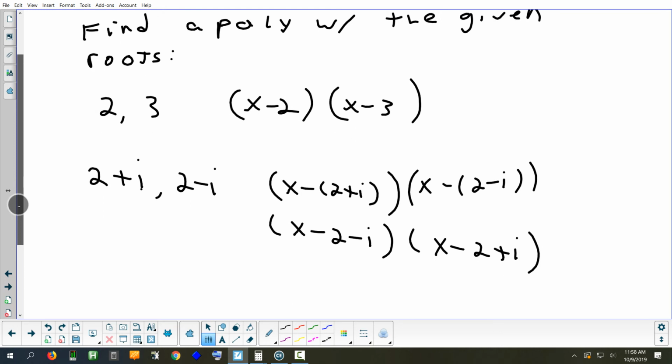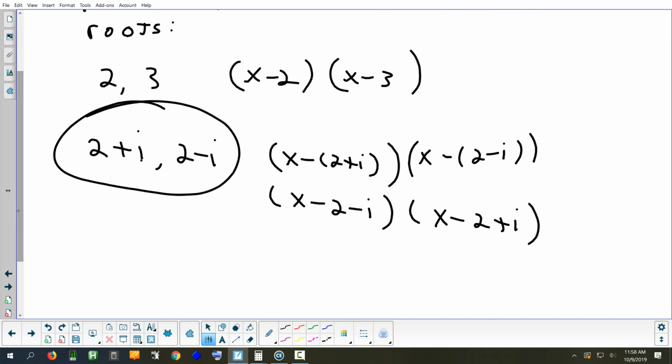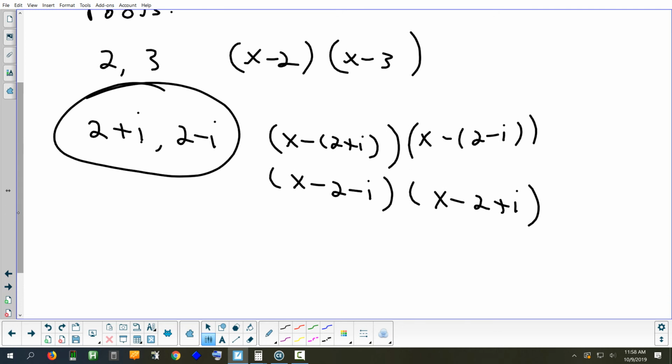All right, what's -2 times x? -2 times -2? And -2 times i, -2i. Also, what should end up happening is there shouldn't be any i's left. Not only i's with x's, but i's with numbers.